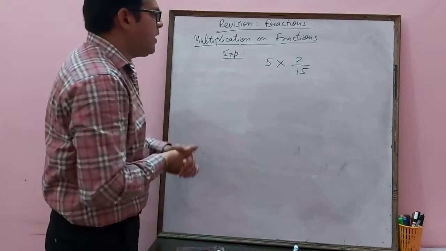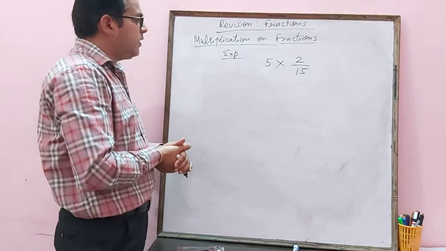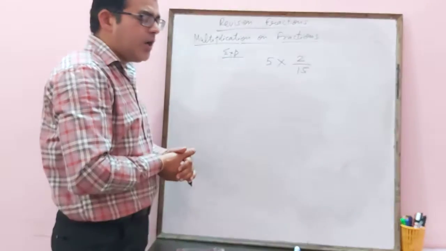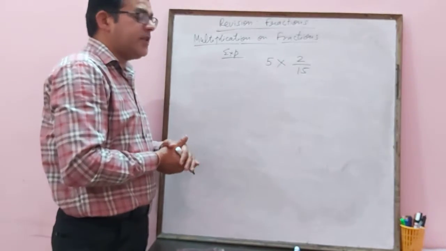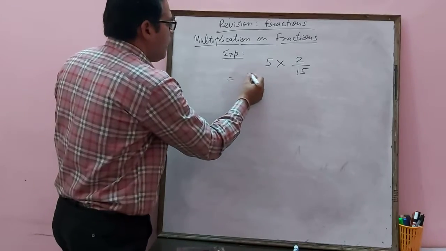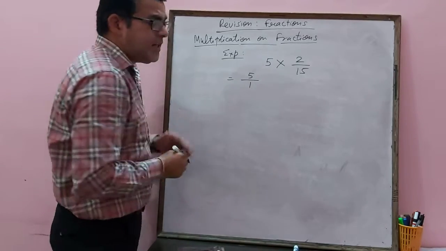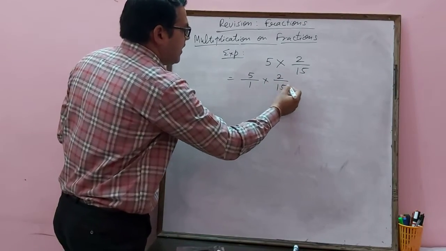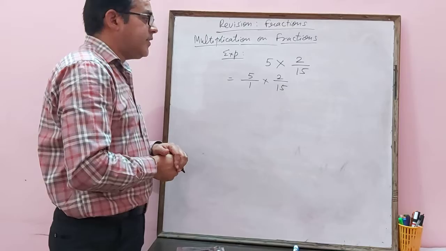I want to multiply 5 with 2 by 15. You can see here 5 is a whole number and 2 upon 15 is a fraction. This is a proper fraction. So how can we multiply it? We can write it as 5 by 1. If there is no denominator, we can write 1 as the denominator.